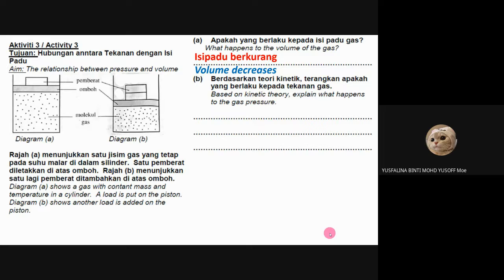You have to state that when the volume is decreased, the rate of collision between the air molecules and the wall of the container increases. Thus, the pressure of gas inside the container also increases. Mostly you got it correct.